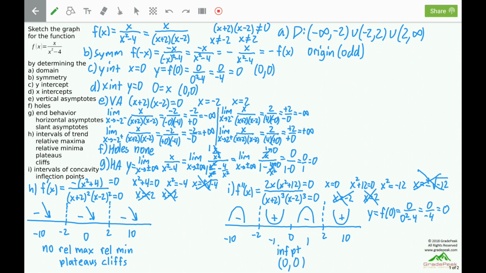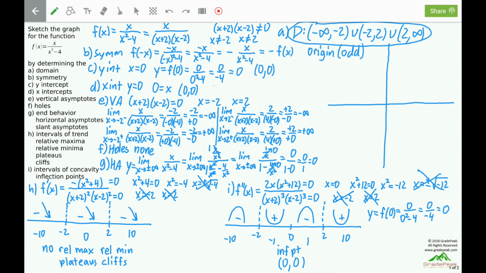We can now draw a graph. We have a vertical axis. We have a horizontal axis. We have the domain is all real numbers except for negative 2 and positive 2.